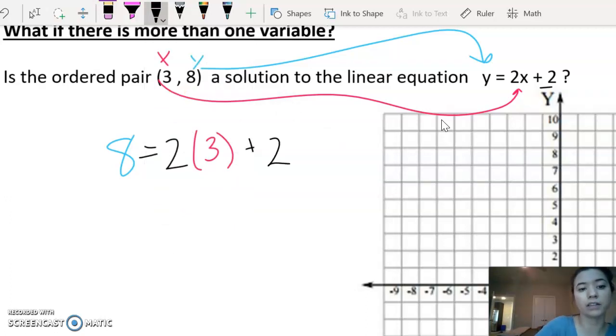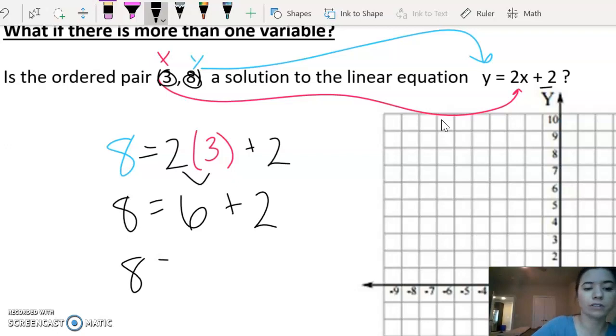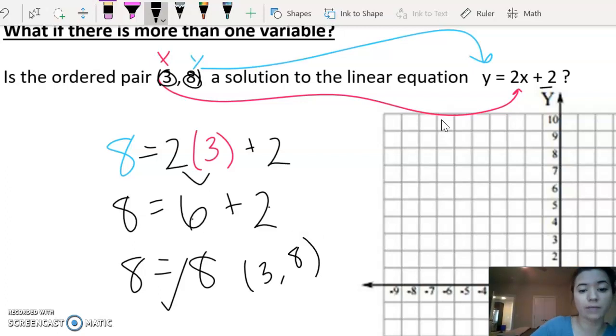We just plugged in the x value for x and the y value for y, and now we're going to see if both sides equal each other. 2 times 3 is 6, plus 2 is 8, so 8 equals 8. That is a true statement. So we can say (3, 8) is a solution.